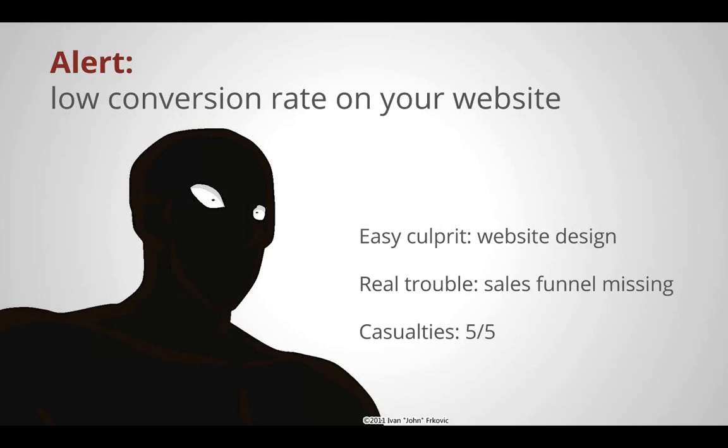Well, this could be an indicator, but the truth is that things are more nuanced here. And we should look at them through a 3D viewpoint, so to say. And I'm adventuring here to say that in most cases, the real trouble with low conversion rates is caused by the sales funnel, which is incorrectly configured or even missing in some cases.